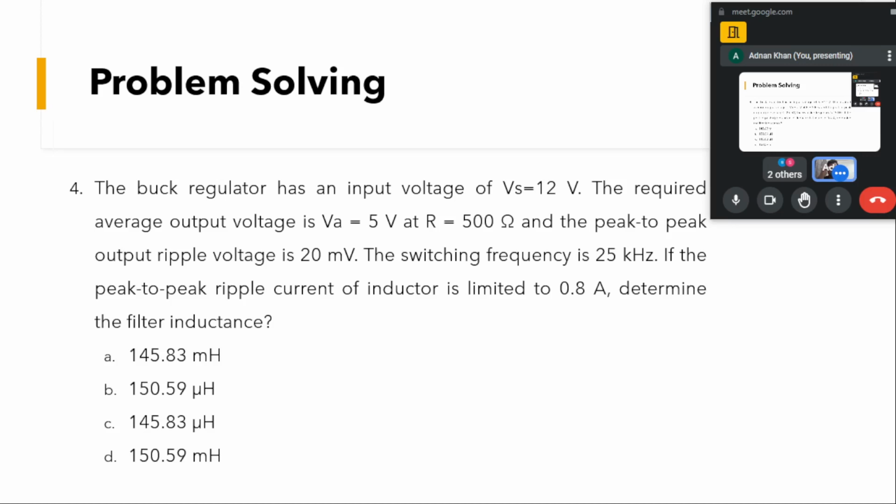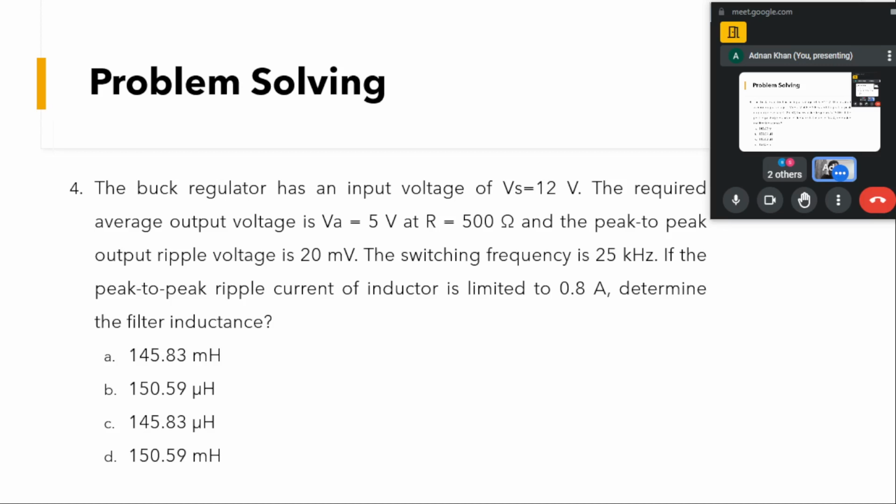The peak value will be the average plus delta V by 2, and the minimum point will be the average minus delta V by 2. So our output voltage will fluctuate between 5 plus 10 millivolts and 5 minus 10 millivolts. Also given is a switching frequency of 25 kilohertz, meaning our devices are switched at 25 kilohertz.